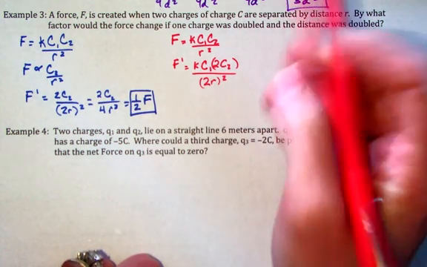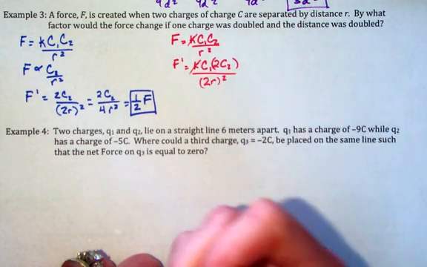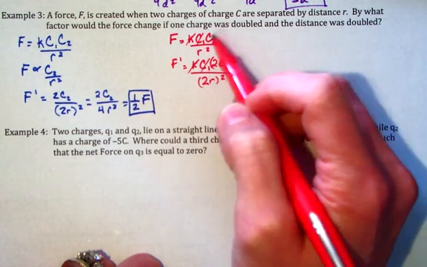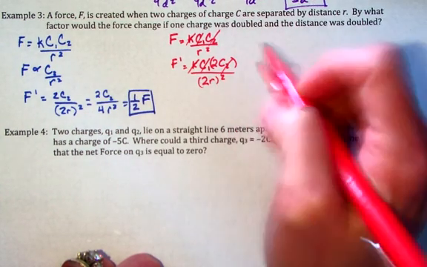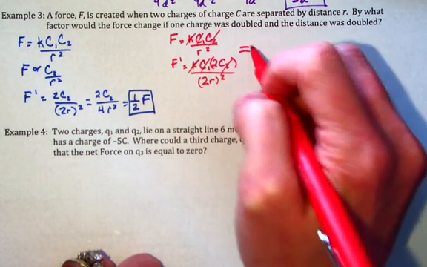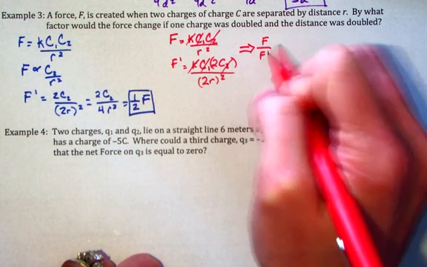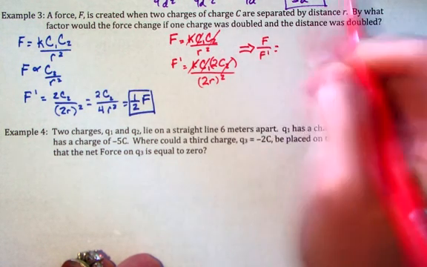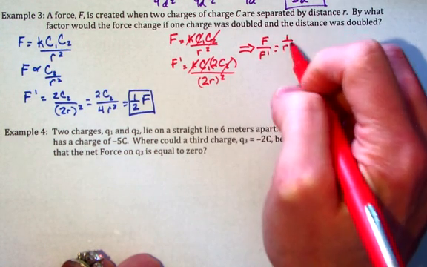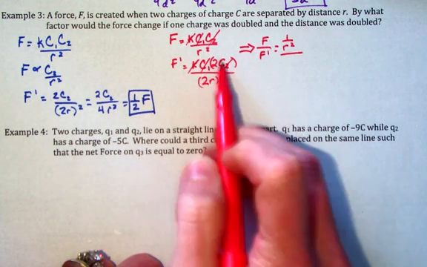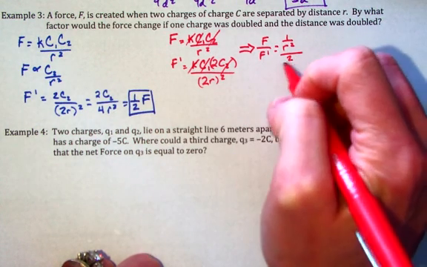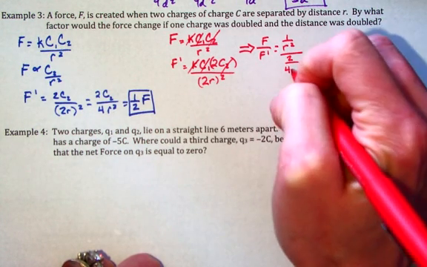So then what would happen is the K's would cancel, the C's would all cancel. So what it looks like is then I get F over F prime equals, on top here I have 1 over r squared, on the bottom here I have 2 over 4r squared.